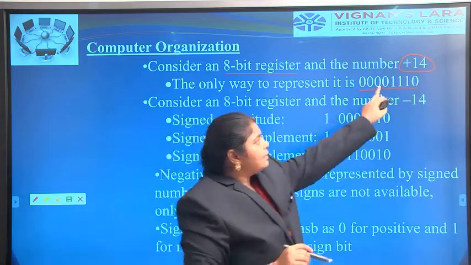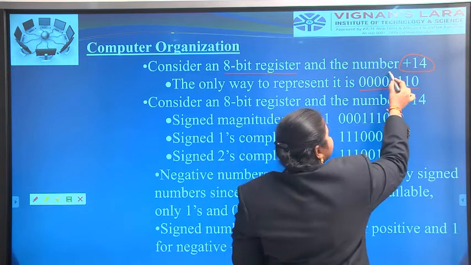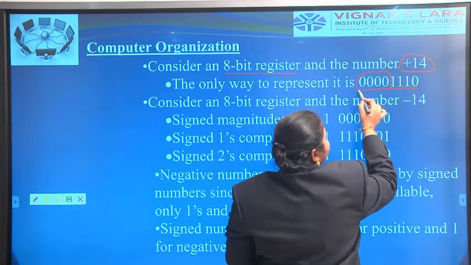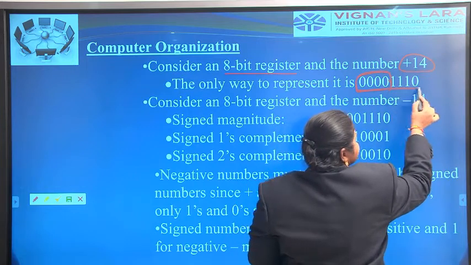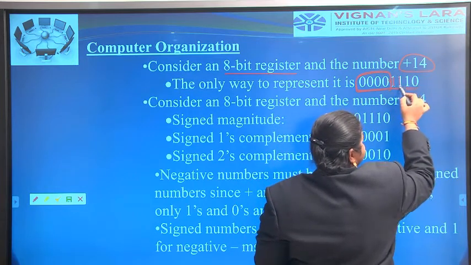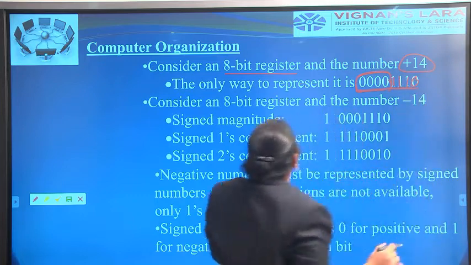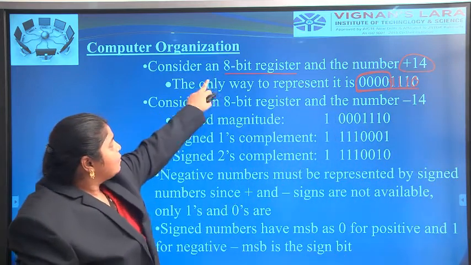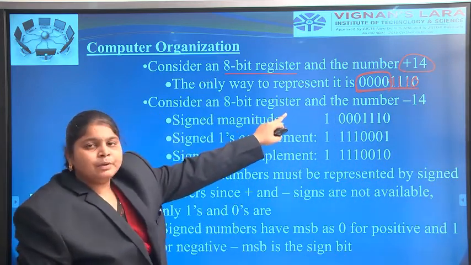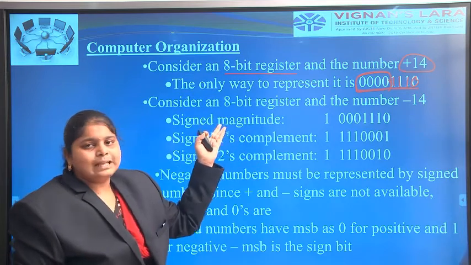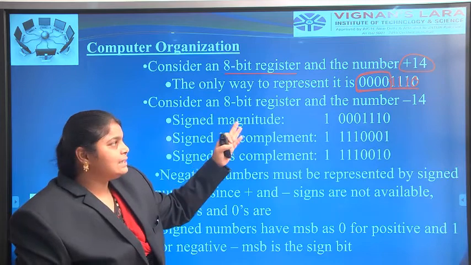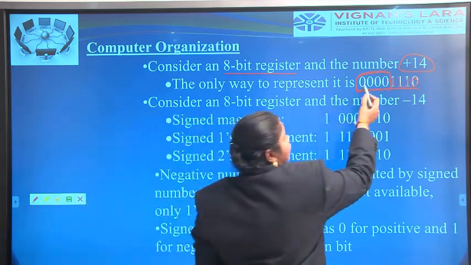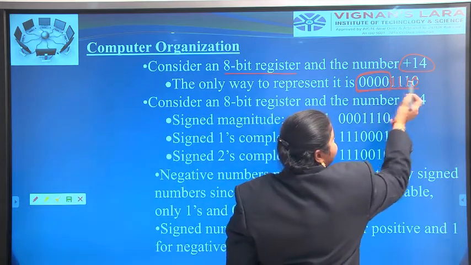The binary value of 14 is 1110. Since we consider an 8-bit register, we place zeros before the 14. That's why the example is in the form of 8 bits: 1, 2, 3, 4, 5, 6, 7, 8.